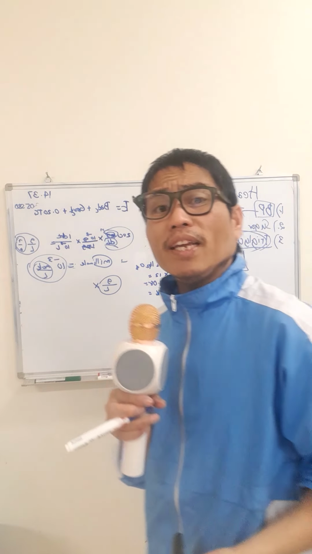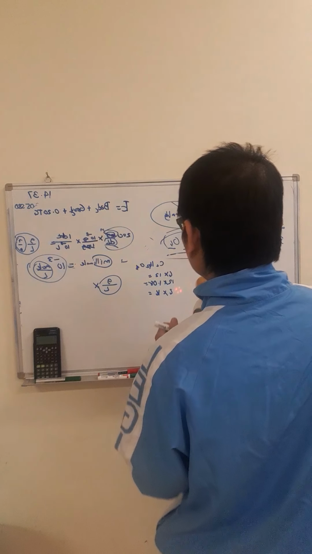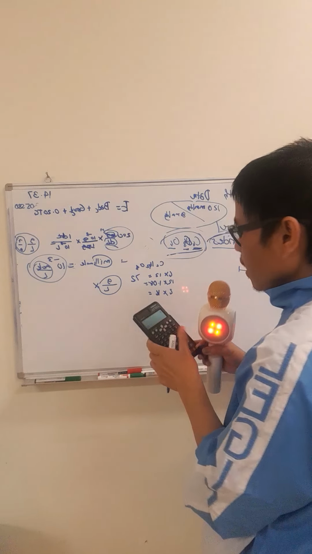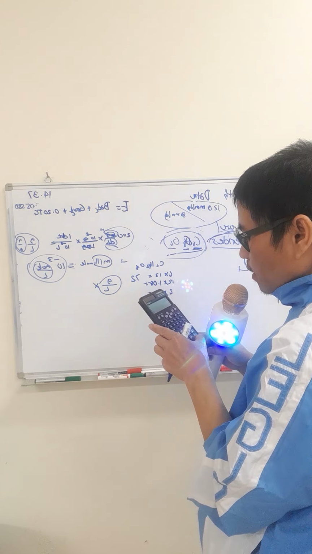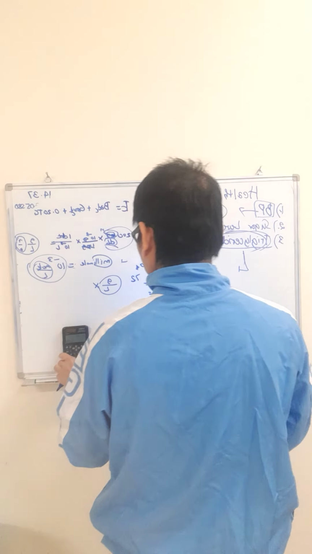Guys, sorry, that's a very detailed discussion. So 72, plus 12 times 1.008, which is equal to 12.096.